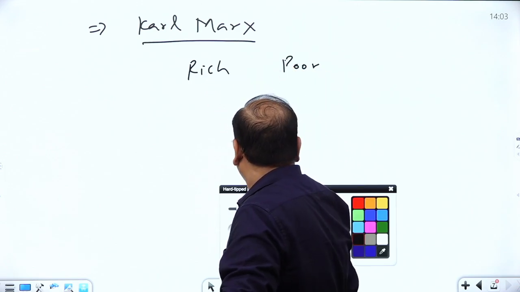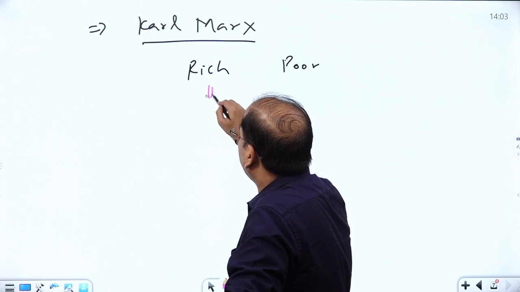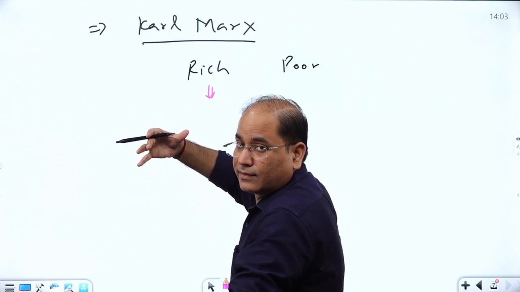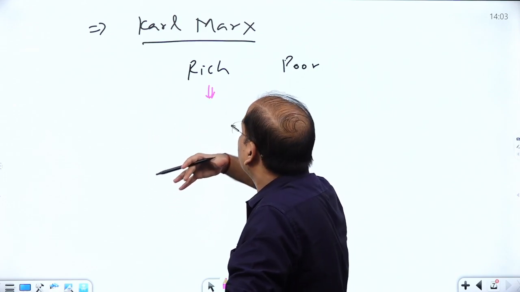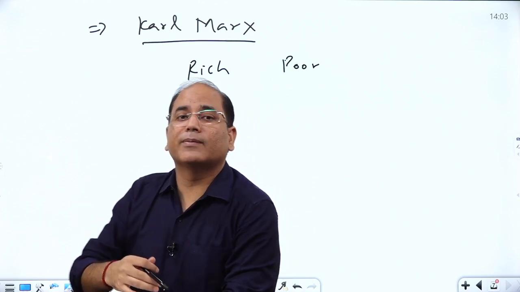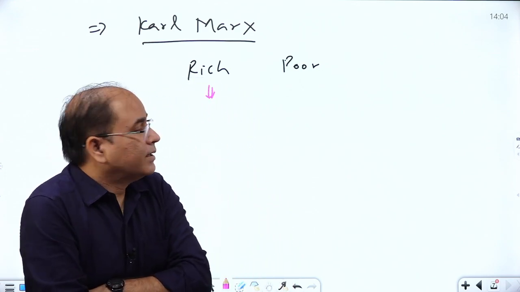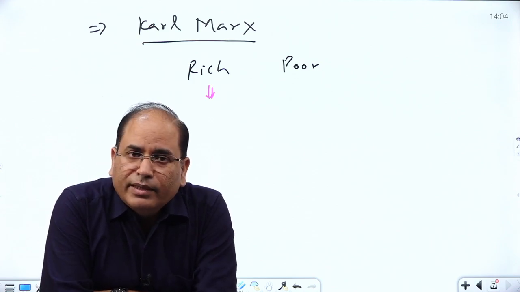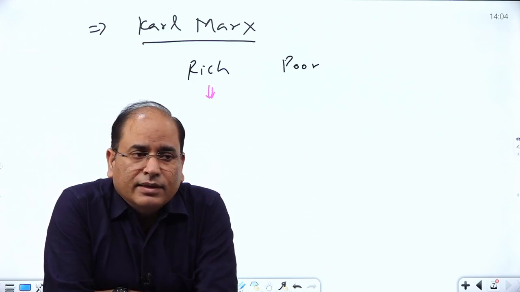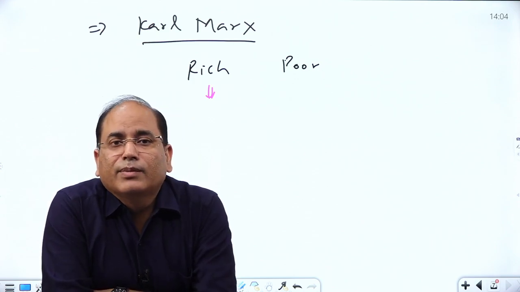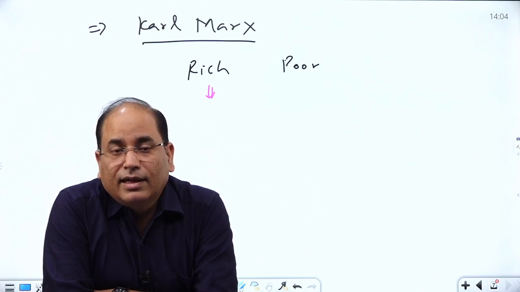Rich will have the means of survival, they are controlling each and everything, whereas the poor are only having one means, and that is their hand, labor.